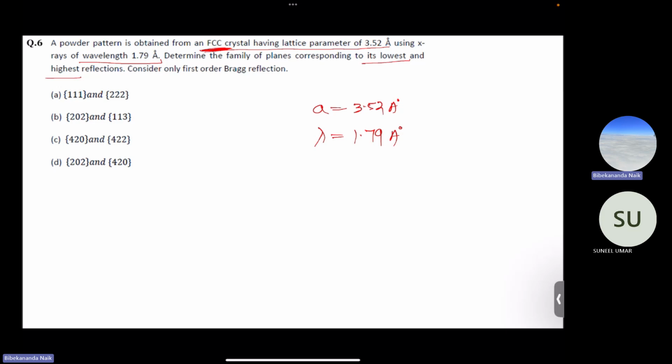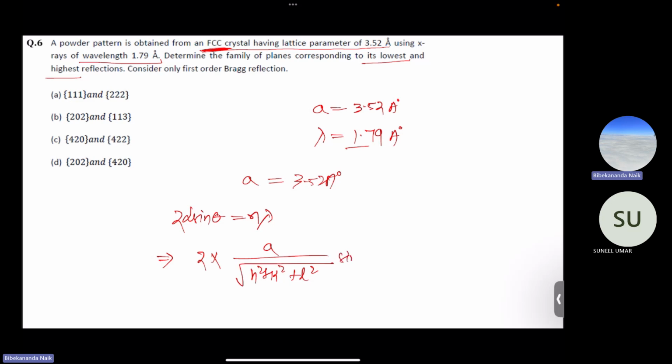Initially, the values given to us are: the lattice parameter a is 3.52 angstrom, and lambda is also given. For first order Bragg reflection, 2d sine theta equals n lambda. Then 2 into a divided by the square root of h square plus k square plus l square, into sine theta, equals lambda.